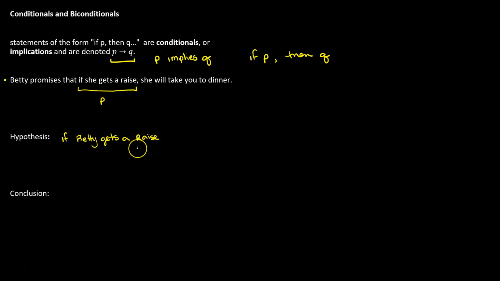Then is what happens if that raise is given to Betty. We don't see the word then, but we can feel that the implication is that if she gets a raise, then she will take you out to dinner. So this is our Q, the conclusion.